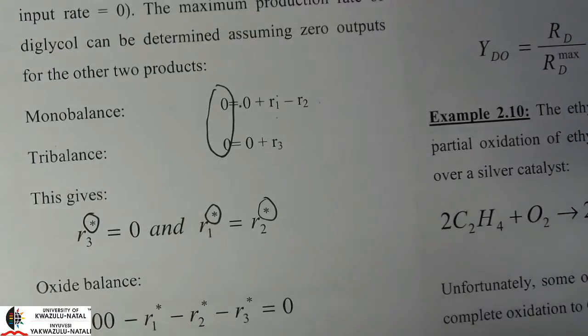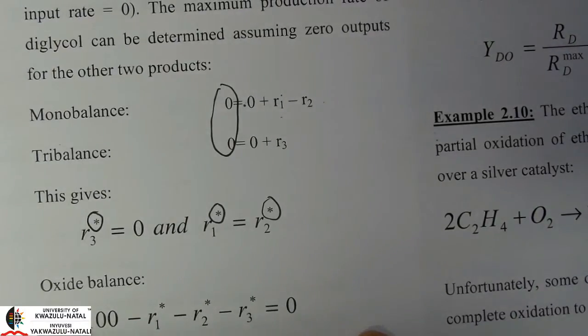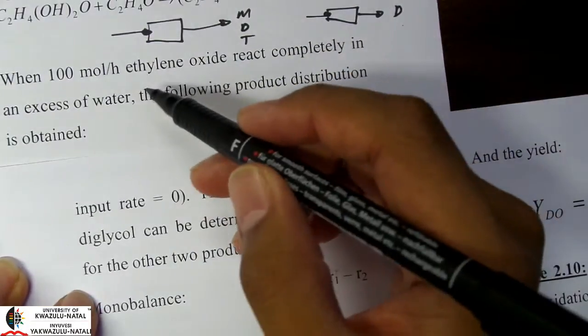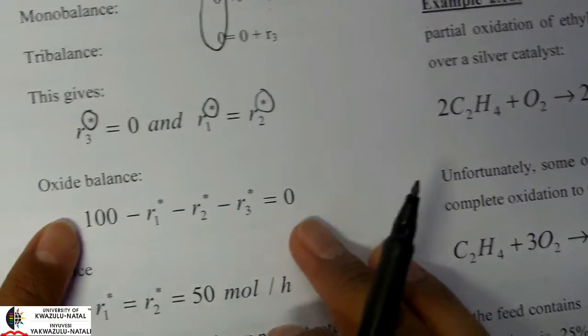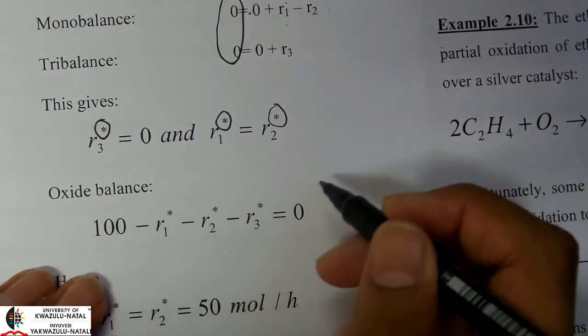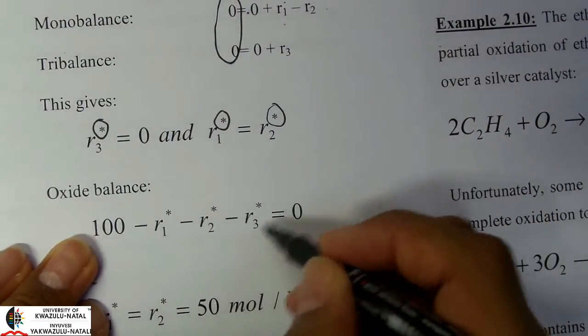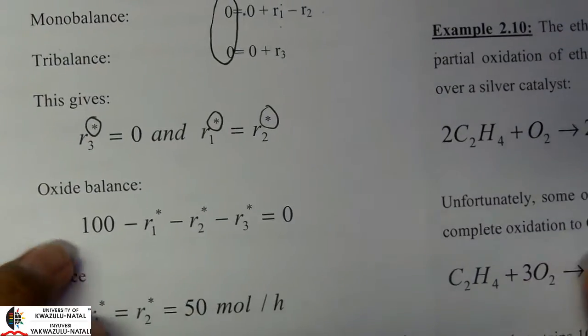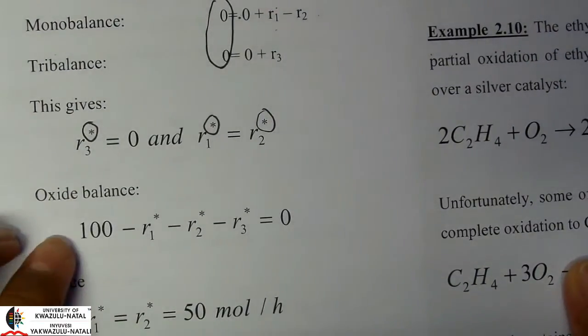Okay, so now if we look at our total balance, our oxide balance, we have 100 moles of ethylene oxide coming in, and 0 coming out. Remember, it's assumed that the entire reactant is being used up to produce our diglycol.